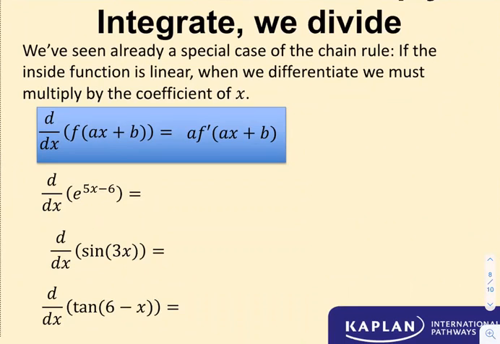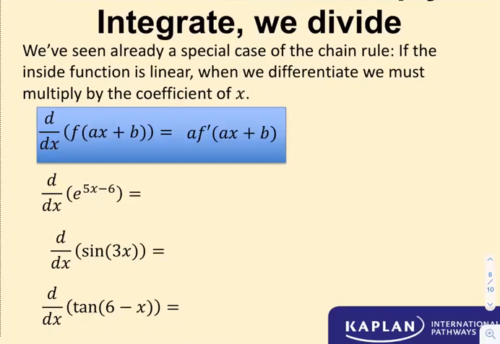So d over dx for e to the power 5x minus 6. We know the derivative for e to the power x stays the same as it is. The derivative for e to the power 5x is e to the power 5x as it is, but we multiply by the coefficient of x, which is the 5, yeah?